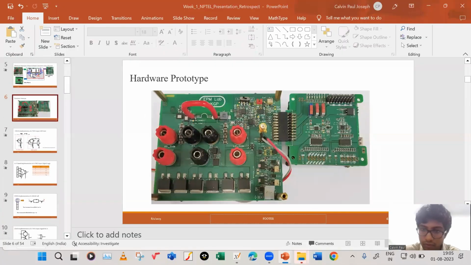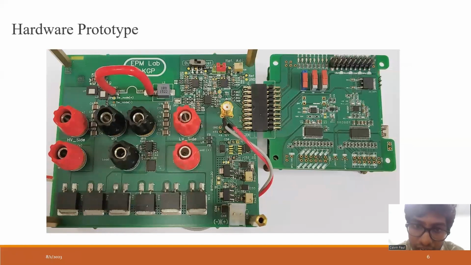I have a signal; some signal will come from here, and it will go to the ADC. In this ADC, the signal will come and be converted into digital data, and that digital data will go to the FPGA.